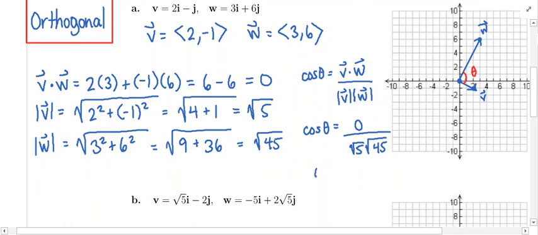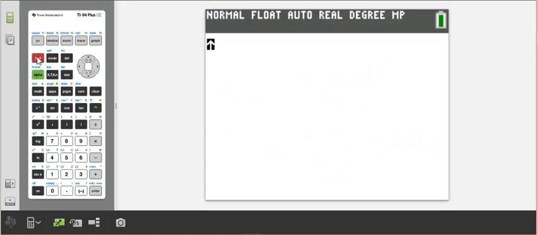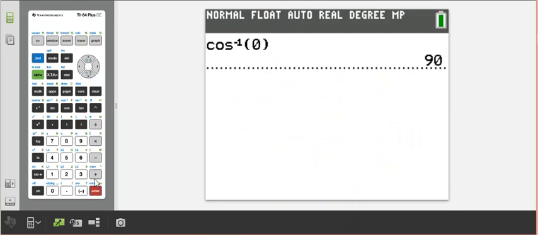We'd have to solve for theta here, so we'd have to take the cosine inverse of both sides. So theta would be equal to the cosine inverse of this fraction. 0 divided by some number is going to be 0. So if you went to your calculator and did cosine inverse of 0, you're going to get 90 degrees.